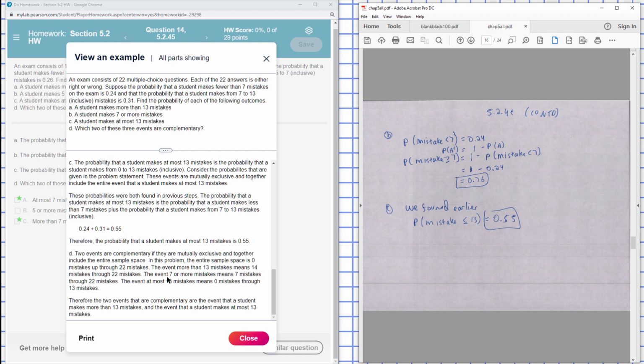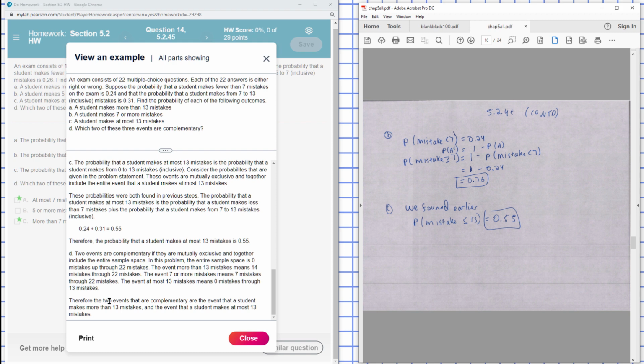The event of 7 or more mistakes means 7 through 22 mistakes. The event of at most 13 means 0 mistakes through 13. Therefore, the two complementary events are the event that the student makes more than 13 mistakes and the event that the student makes at most 13.